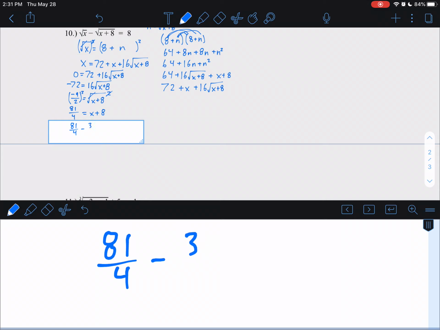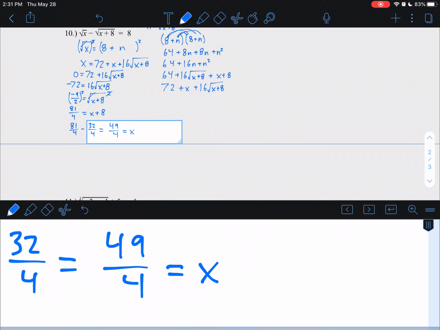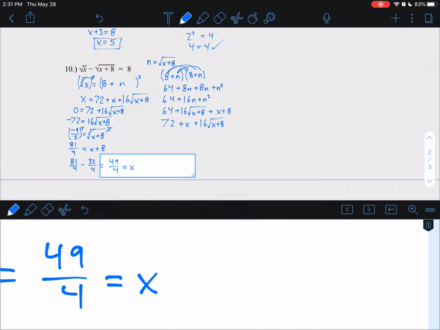So that's going to be 32 fourths, because 32 fourths is just 8. So 81 minus 32 is 49 fourths, and that equals x. X is 49 fourths. Not going to box that yet, because we're not positive yet, because we haven't tested it.